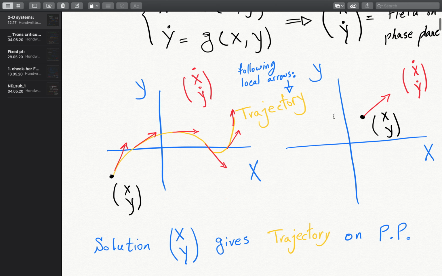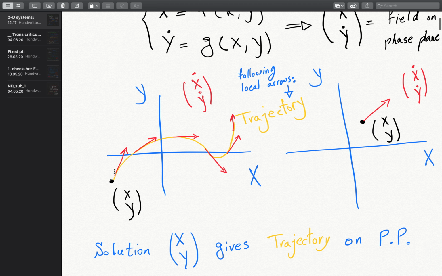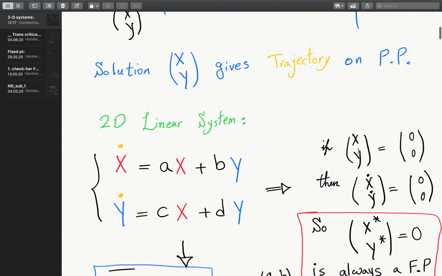So this state will follow this red vector, which is tangent to this trajectory, and this trajectory is going to be created by all of these vectors. So this state is governed by this vector.